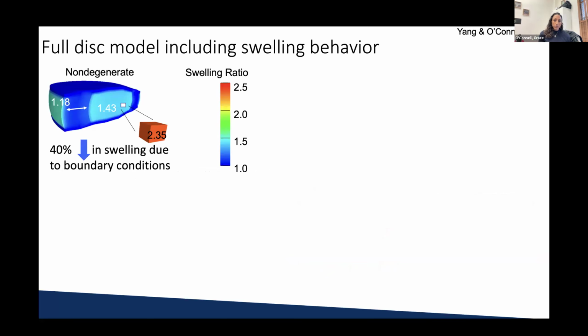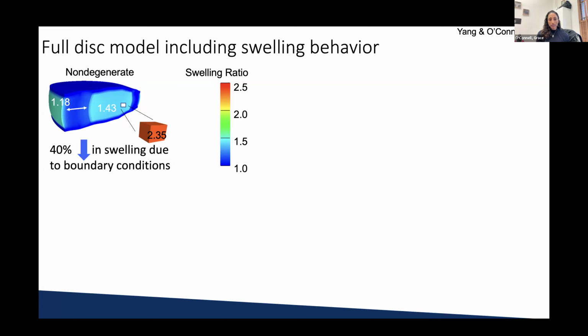And to do this, we looked at those material properties that we can change, that were linked to proteoglycan content and linked to water content, and changed that throughout the spatial area of the disc. So the nucleus pulposus would have a higher water content and a higher GAG content, and then the inner annulus fibrosus would have a higher GAG content, and that would actually decrease as you go towards the outer annulus.